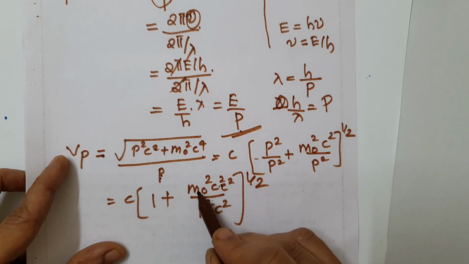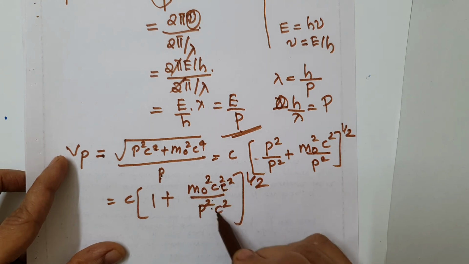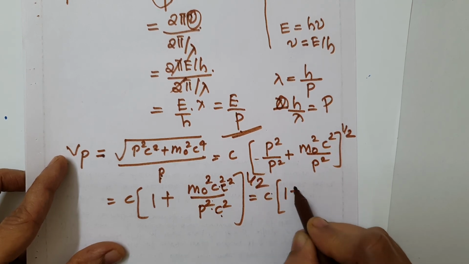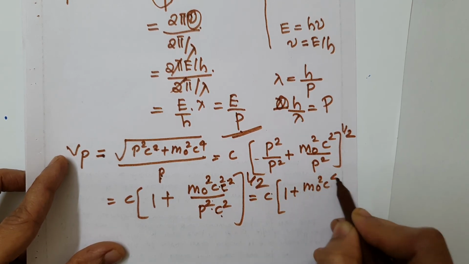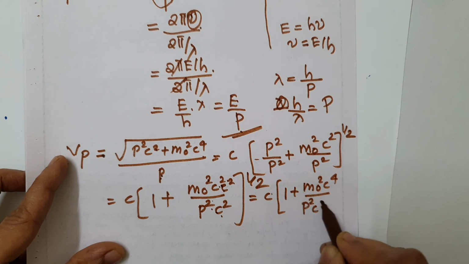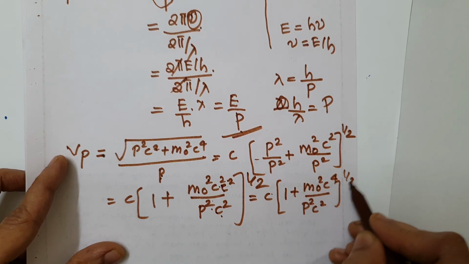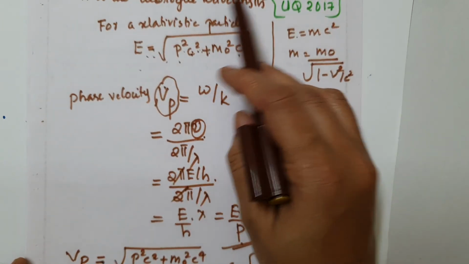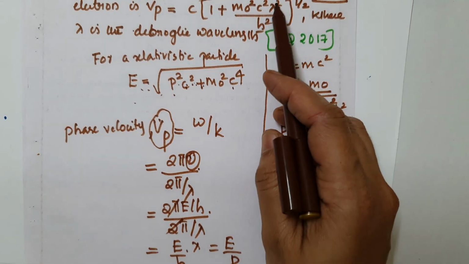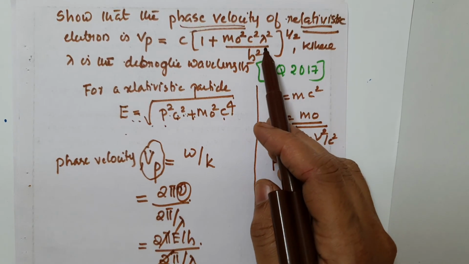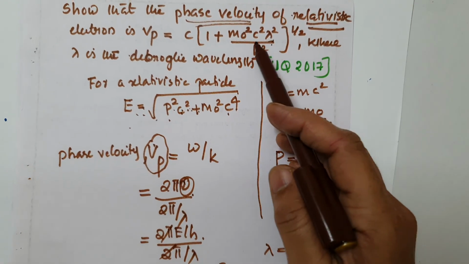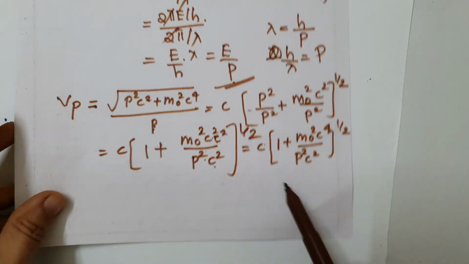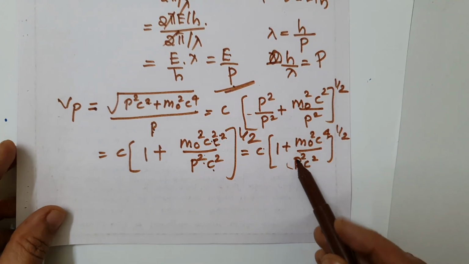Then it will give m0² c⁴ by p² c², the whole raised to 1 by 2, c into 1 plus m0² c⁴ by p² c², the whole raised to 1 by 2. But here the de Broglie wavelength lambda is to be used. So in this equation we are replacing p with the de Broglie wavelength.